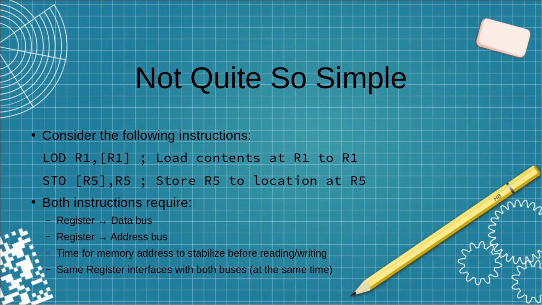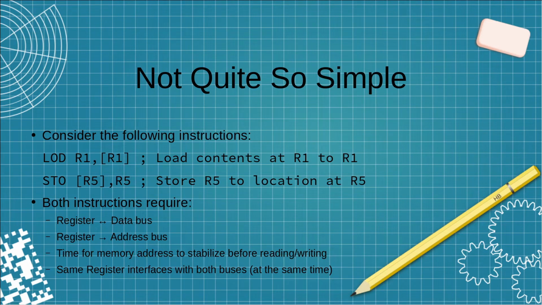I need to be able to access both the address bus as well as the data bus, and register R1 needs to be able to do that simultaneously. Again, second example, if I want to take the value that is in R5 and store it to the address that is pointed to at R5. This might be, for example, a pointer to self.